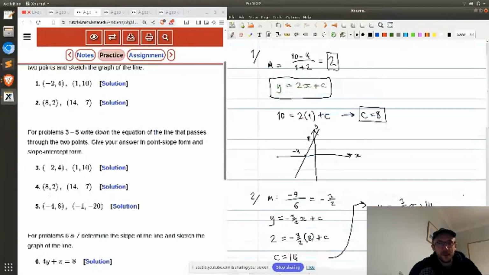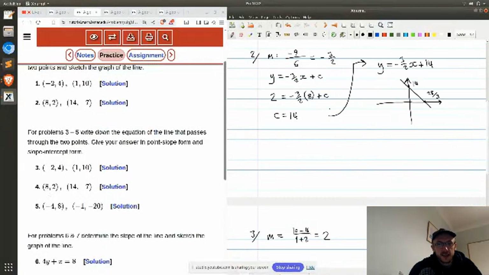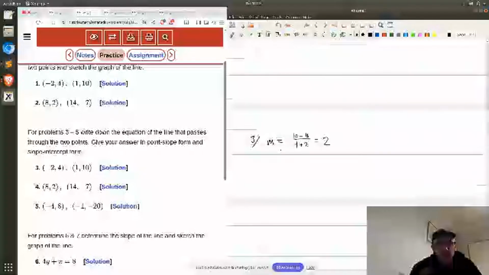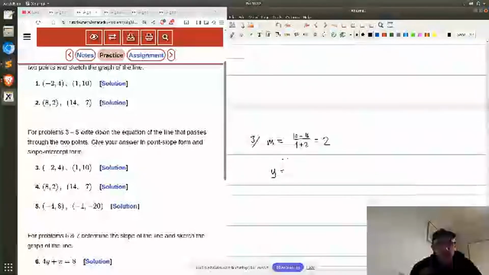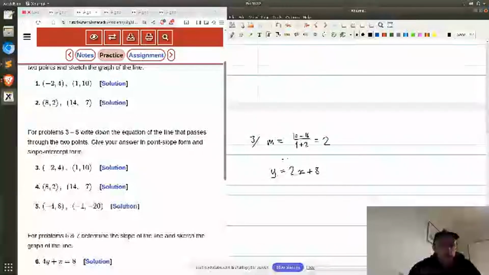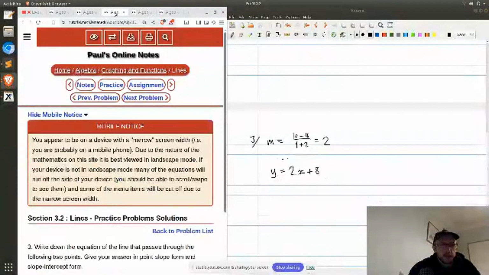Okay, so yeah, we get y is equal to 2x plus 8. Here's the 3 dots that symbolize my realization. Y is equal to 2x plus 8. Now, I'm curious what point slope form is. That right there is slope intercept form. So we're about to find out.